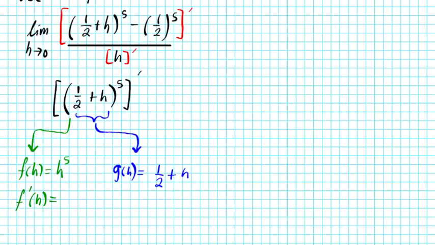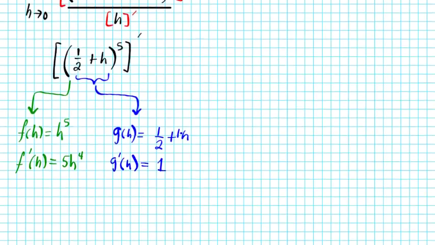So the derivative of h to the fifth is 5h to the fourth. The derivative of g of h, g prime of h, derivative of 1/2 is 0. The derivative of h, since it's to the first power, all we do is we take the coefficient of h, which is just 1.